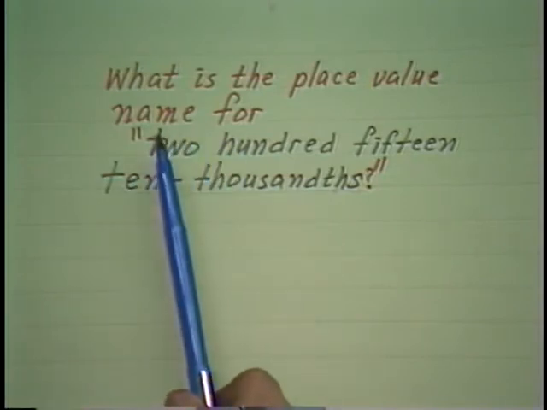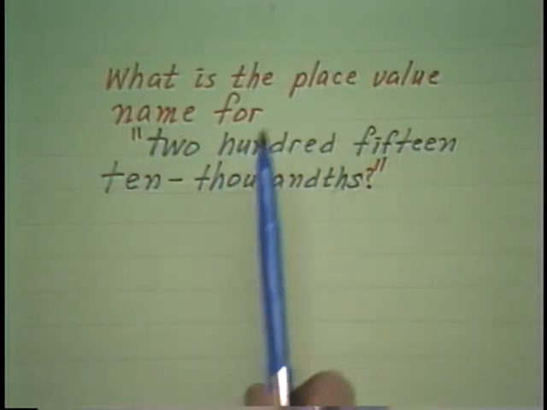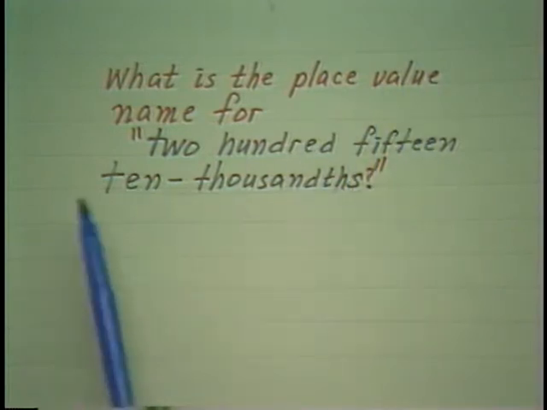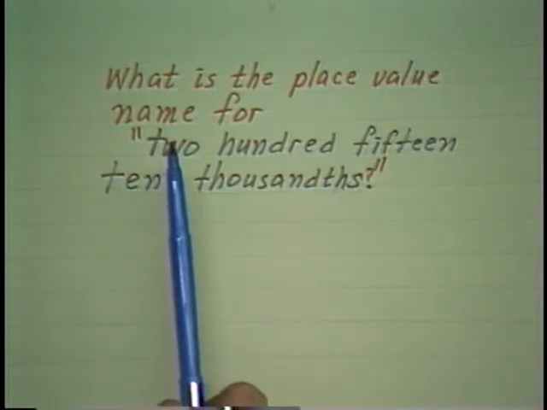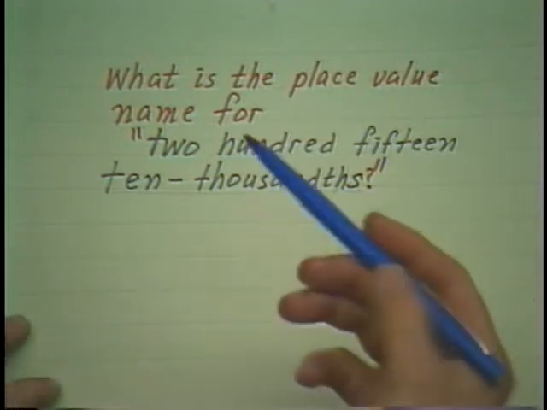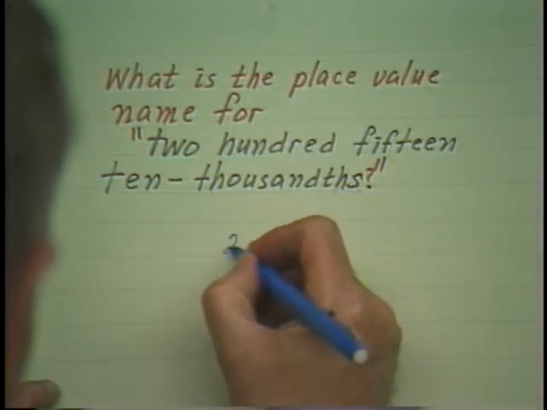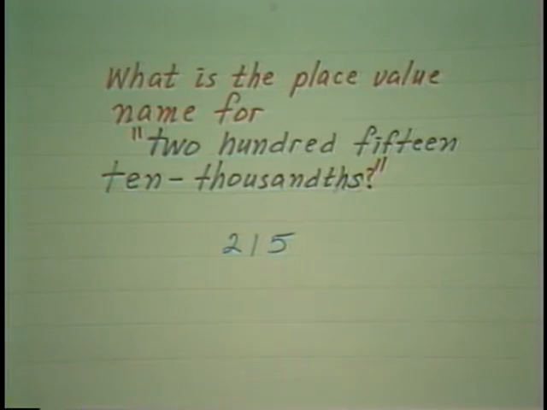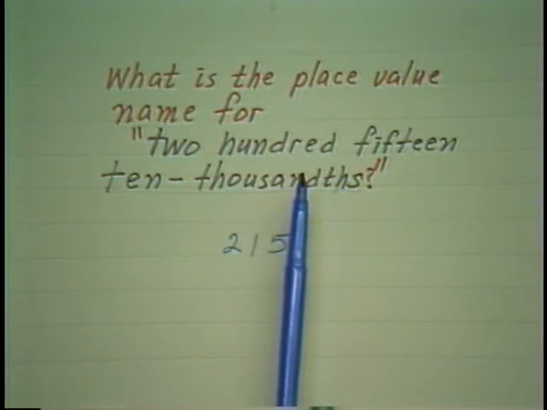Again, to go from our word name back to the place value name, we forget this for a moment and write this, 215. Now, sort of reversing our order, we want the 10,000th place.